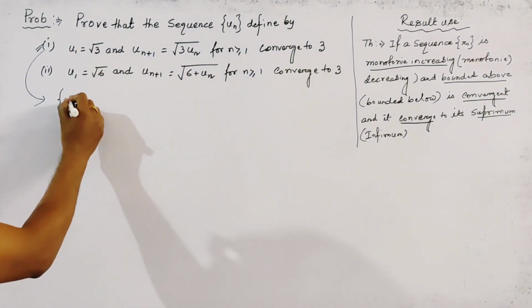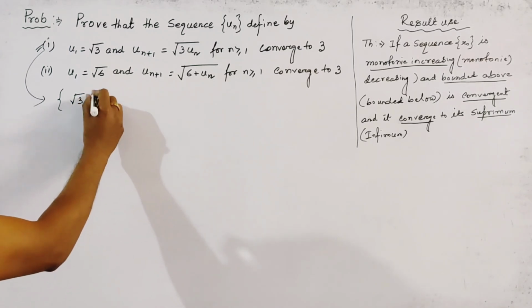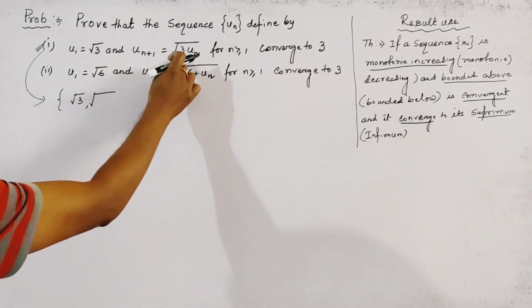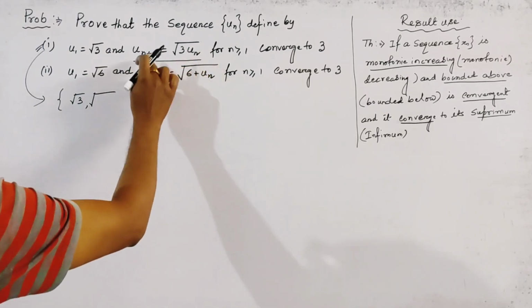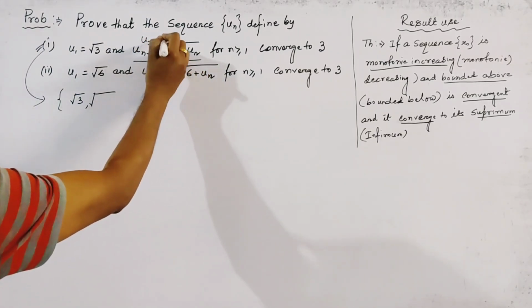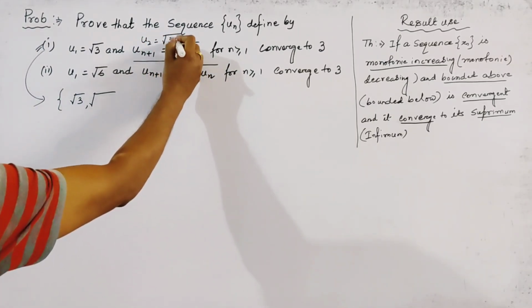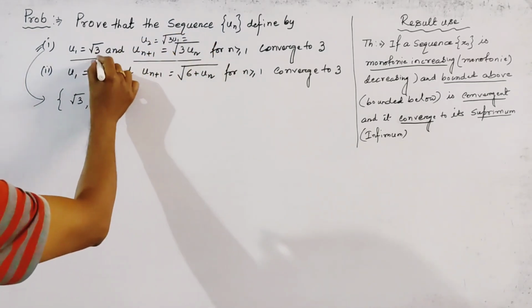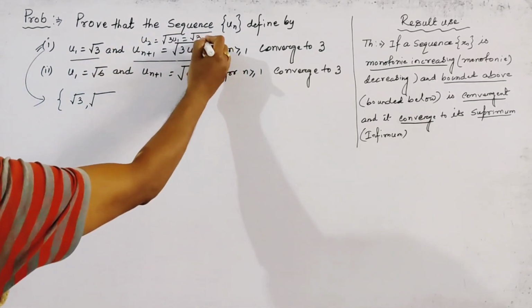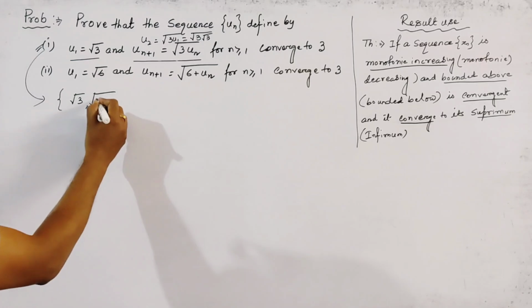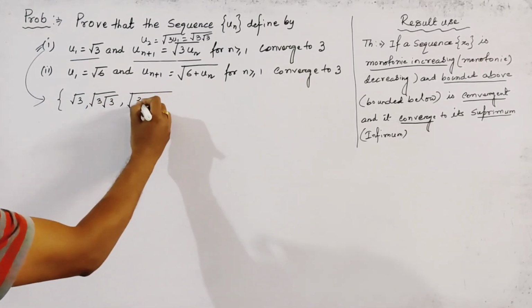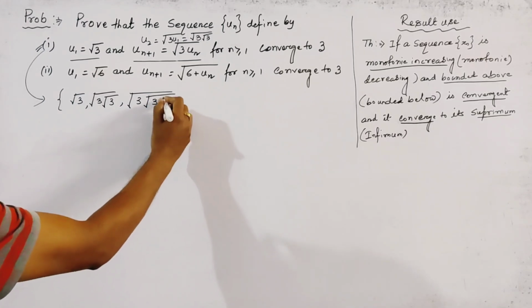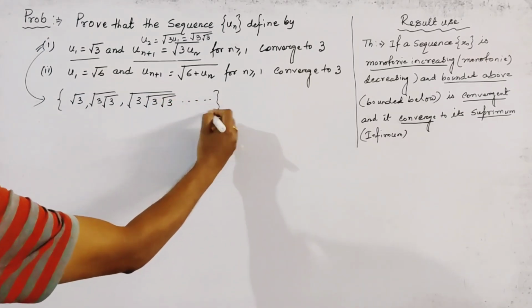We first write the type of sequence. The sequence is like this: root 3, and the second term is u2. If we put n equal to 1, then u2 is root 3 u1, and u1 is root 3, so this is root 3 times root 3, whole root. The third term is root 3 into root 3 into root 3, and so on.